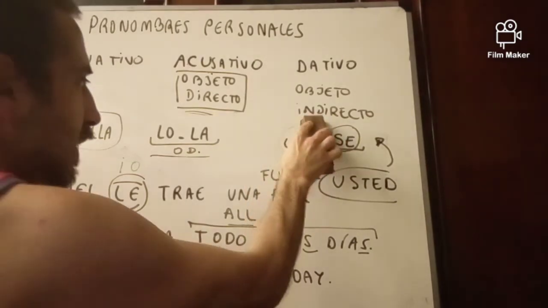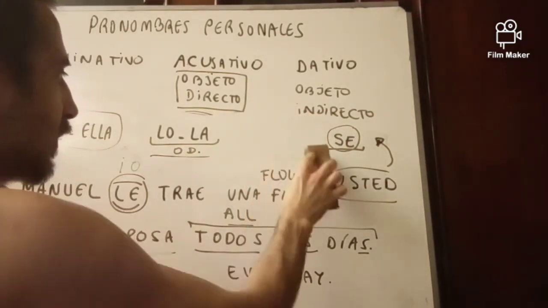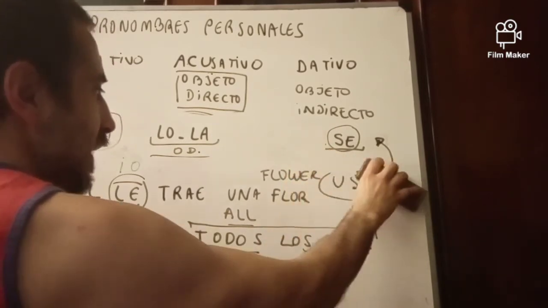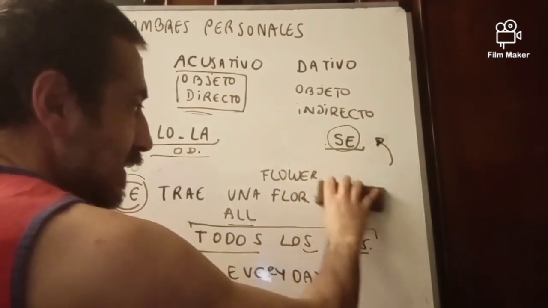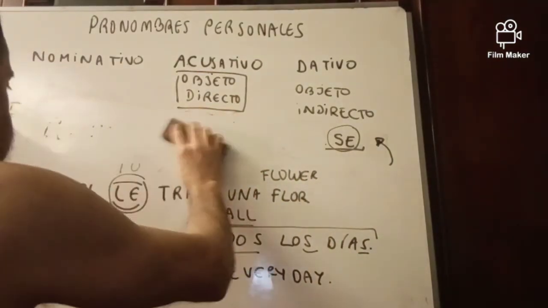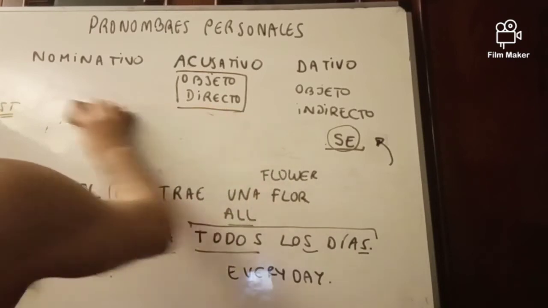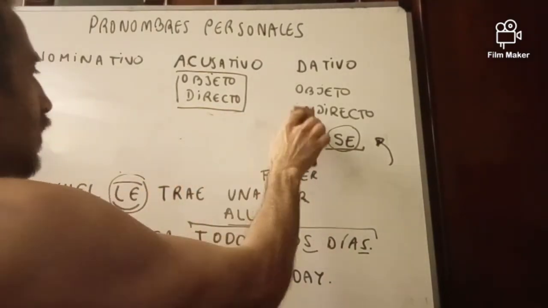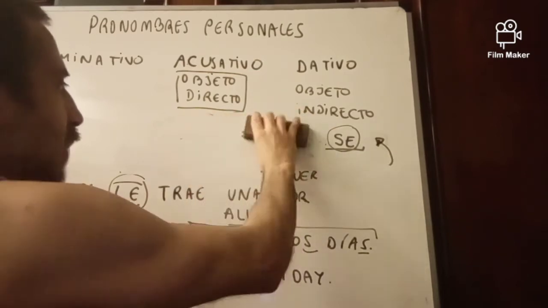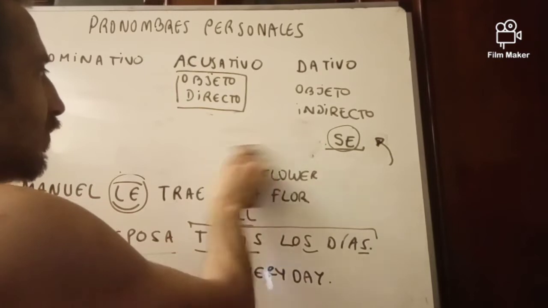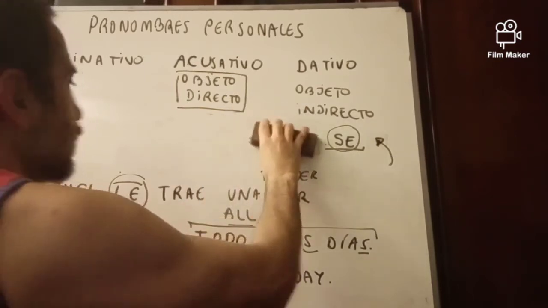I'm going to keep this se because it's the only case we haven't seen yet, but we'll see it right now. And I'm going to erase this so that you see the changes that must take place whenever we want to replace those proper names or nouns for object pronouns.